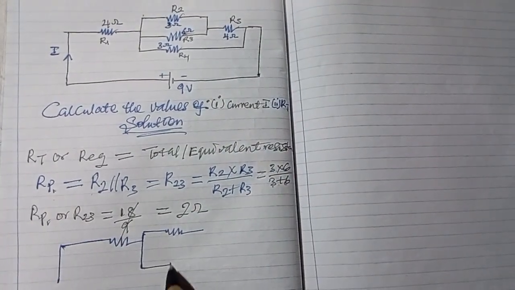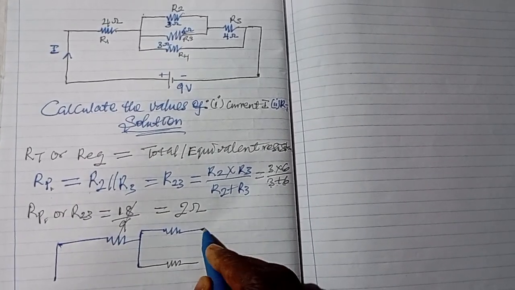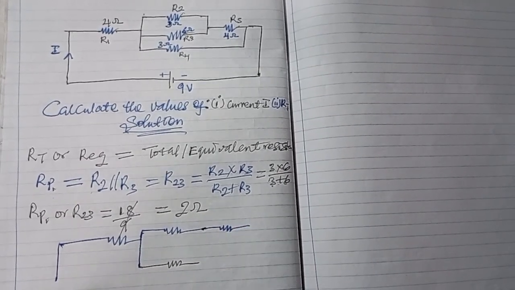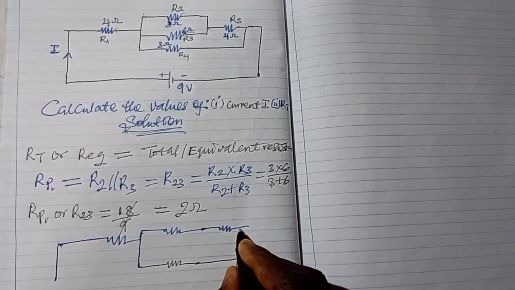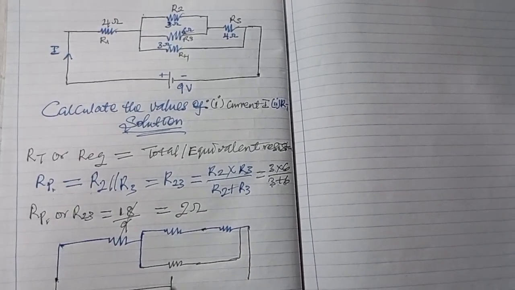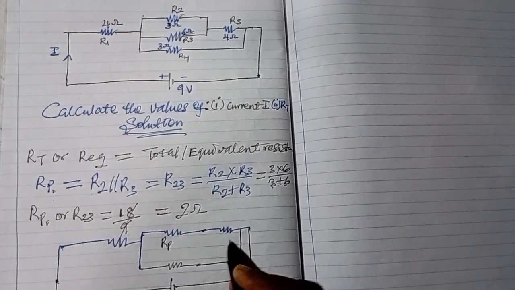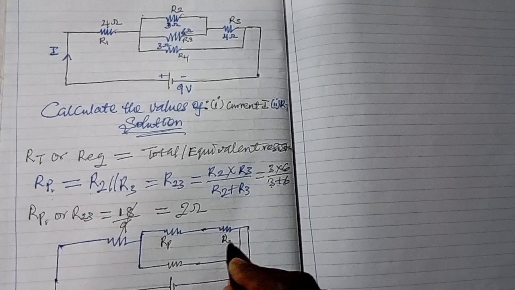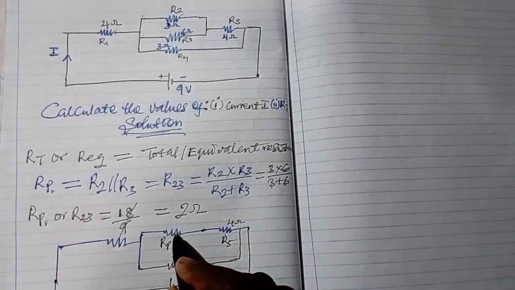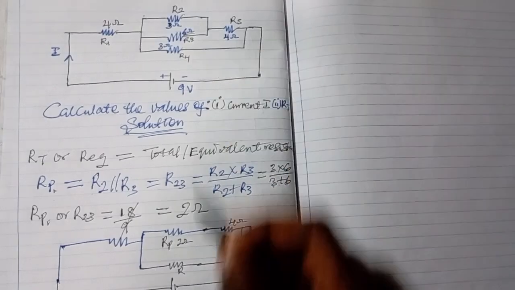So we can have something like this. Good. So here is our RP. Then here is our R5. This is 4 ohms. And this is 2 ohms. Here is still our R4.